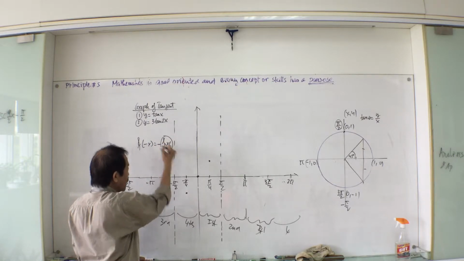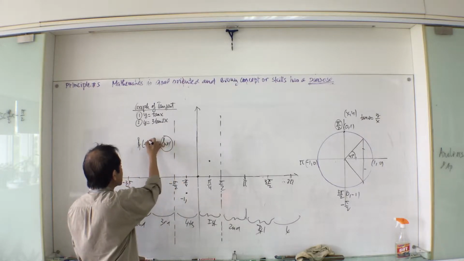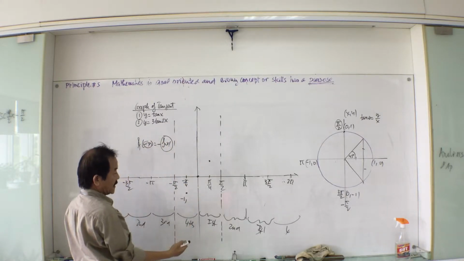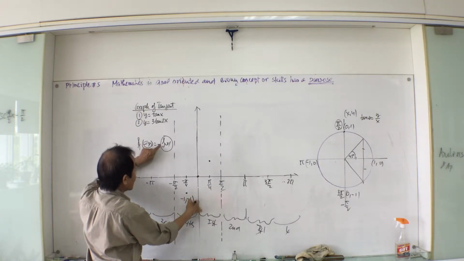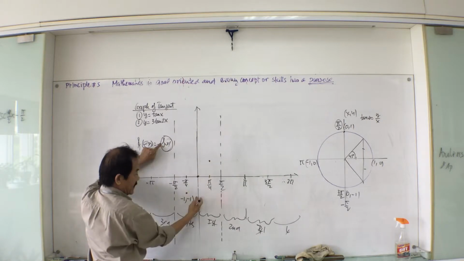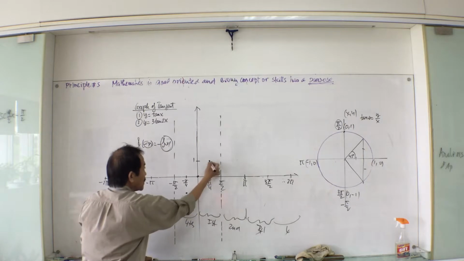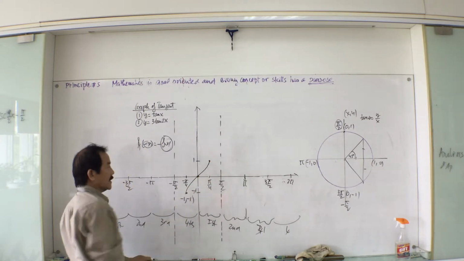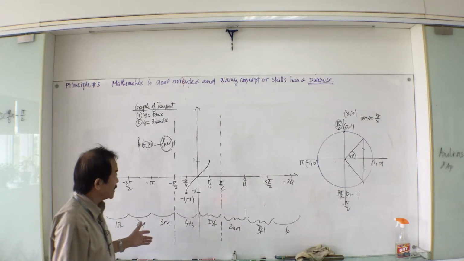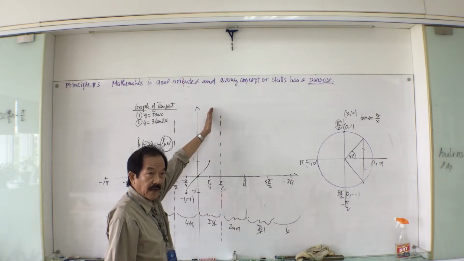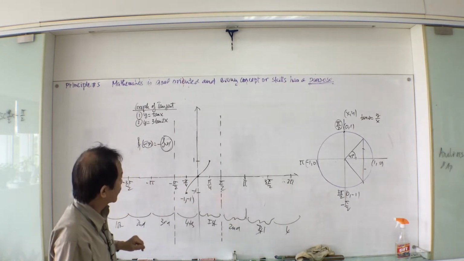So you mark 1 and minus 1, and the graph is symmetrical. If you know the graph is an odd function, you need to do only the right side, and you can reflect it through the origin to get the left side.